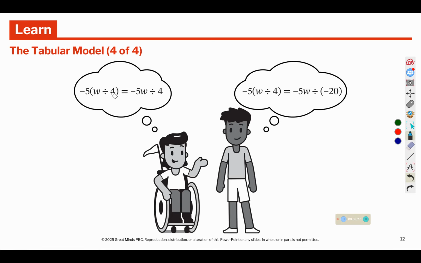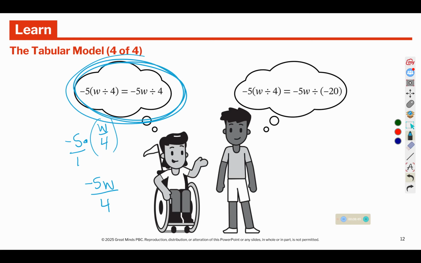Well, let's think of it as a fraction. This would be W over 4 times -5. So -5 over 1, we would do -5 times the W, but 1 times the 4. So that's -5W divided by 4. So this student has a correct representation.